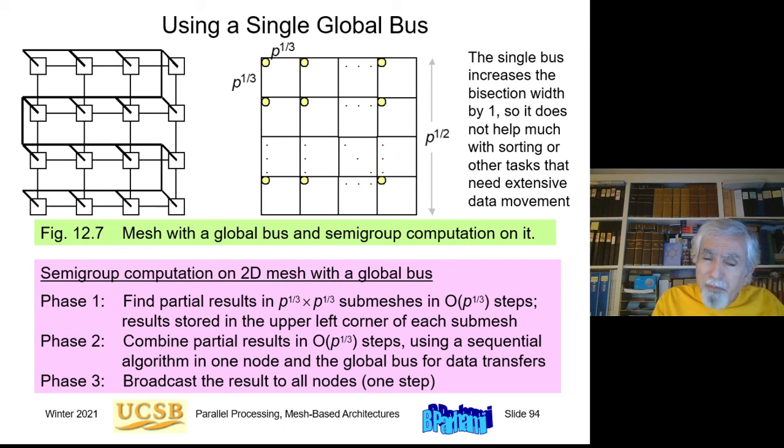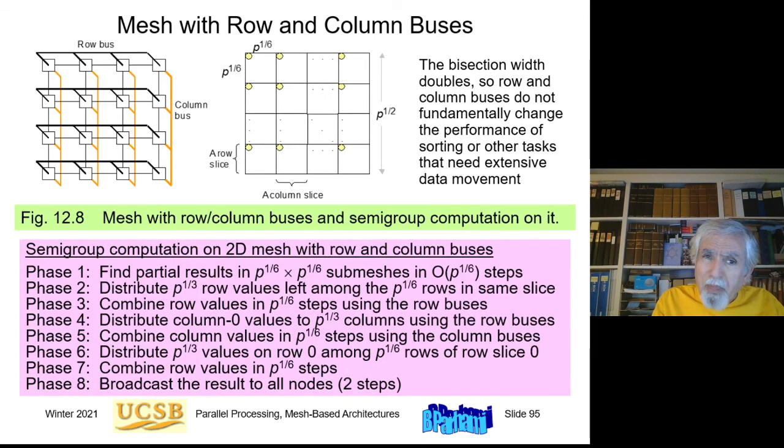Now, if we have too many processors to connect them to a single bus, an idea is to use separate row and column buses. So the black buses here connect processors in rows, and the orange buses connect processors in columns. I can still do long distance communication, not in one step, but in two steps.